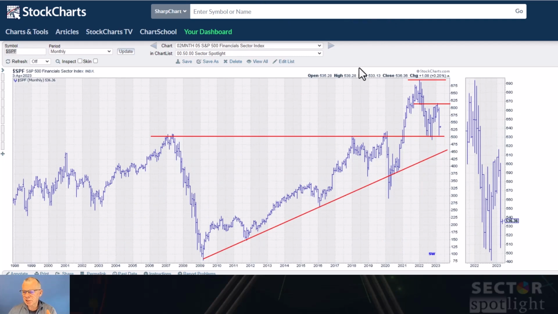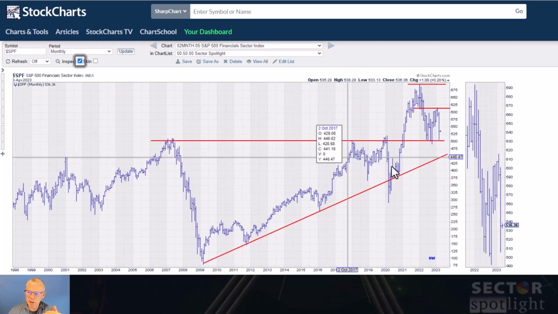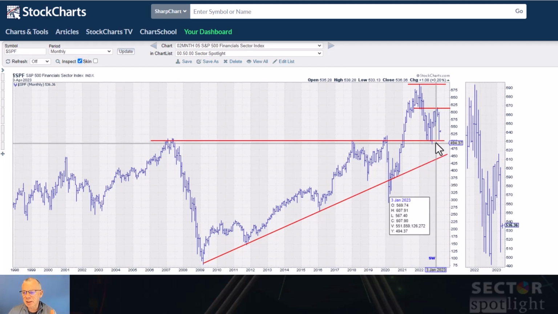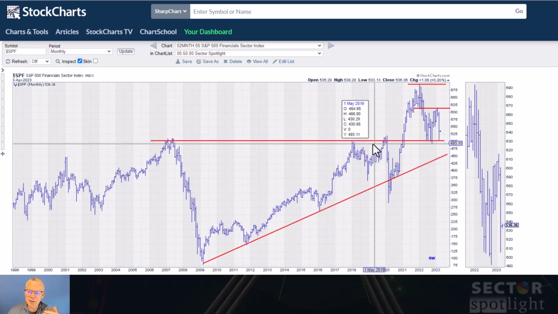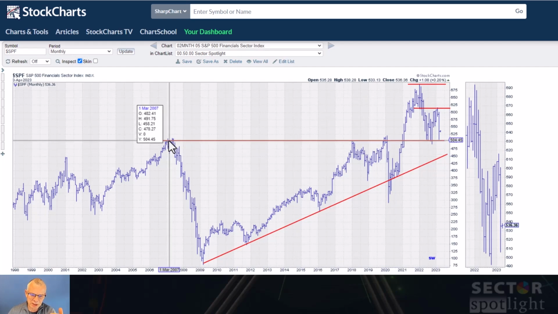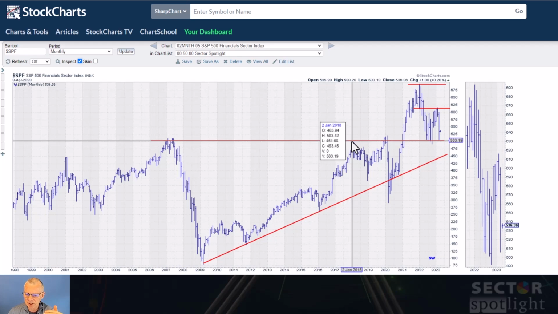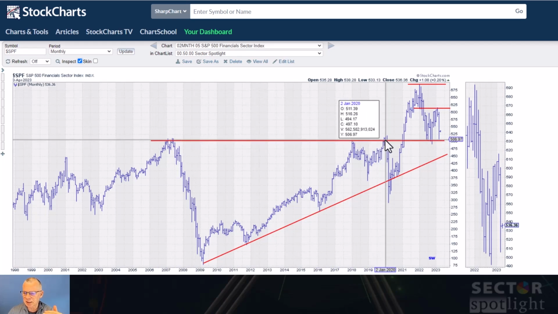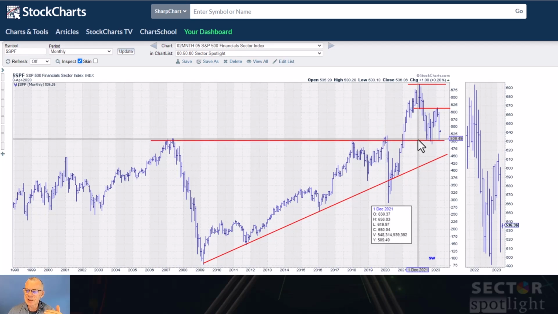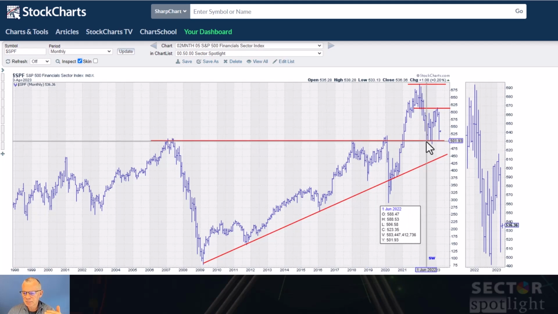Financials is interesting, especially because of last month's move. That's obviously a big bar down, but as you can see, that support level, that old resistance that marked the peak of 2007, then 2018, and again 2020, started to act as support back in June as well as October 2022, and it seems to have worked again last month.